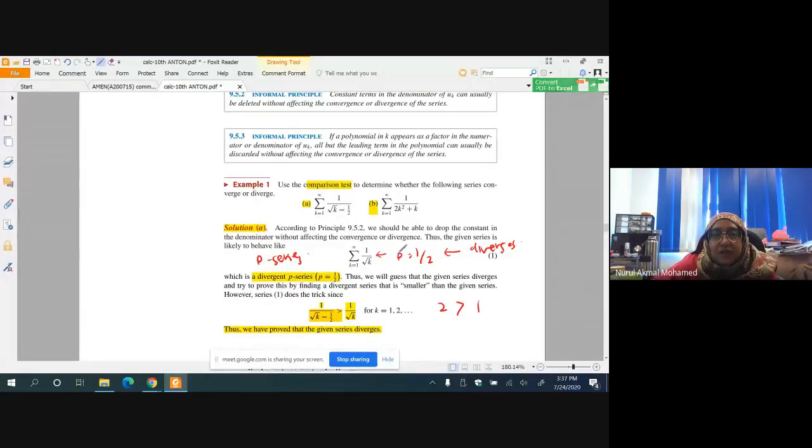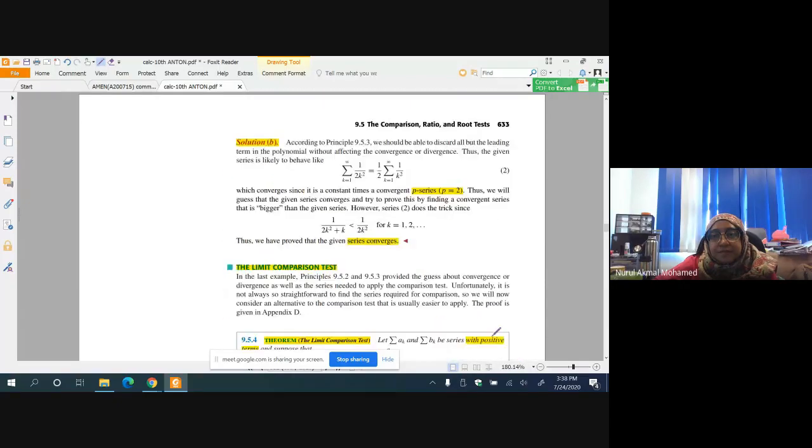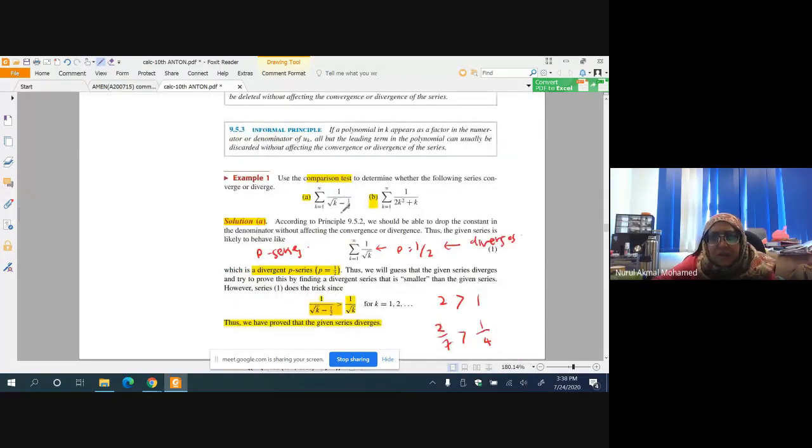So for K equal to 4, it will give you what? 1/4 minus 1/2. So 2/7, is it greater than 1/4? Are you sure? Sorry. Let's check. 1 over square root of 4. Square root of 4 will be 2, so 1/2.